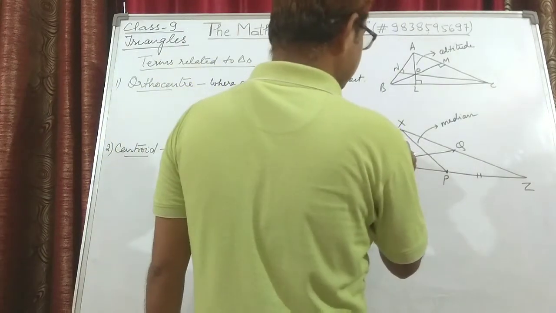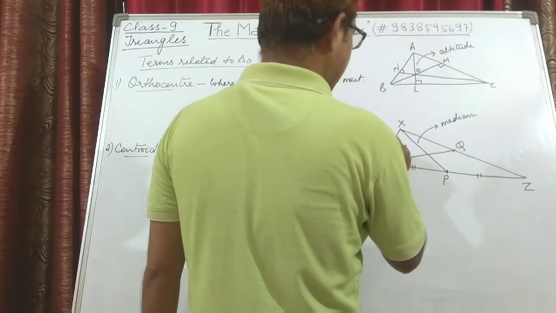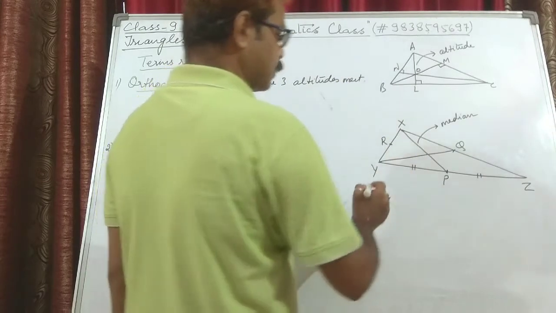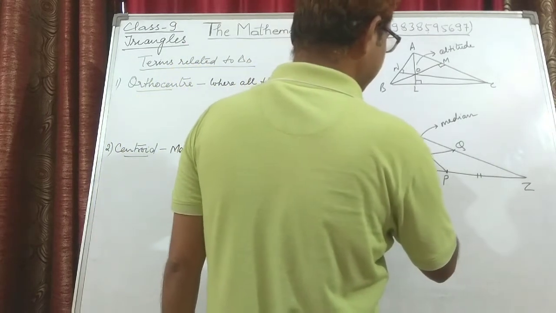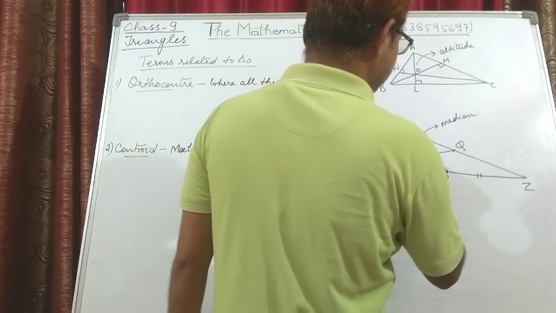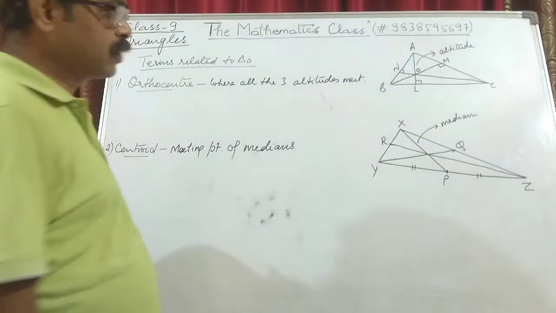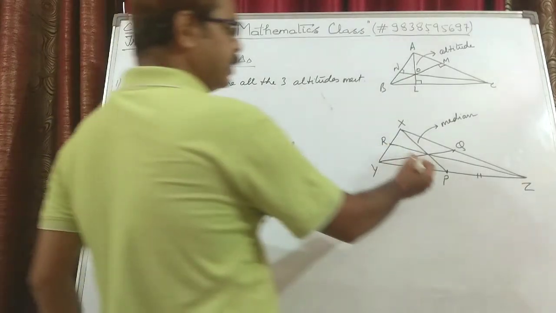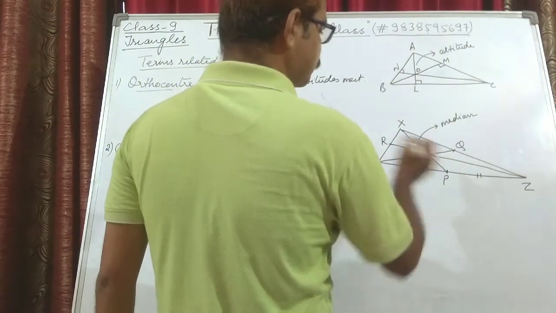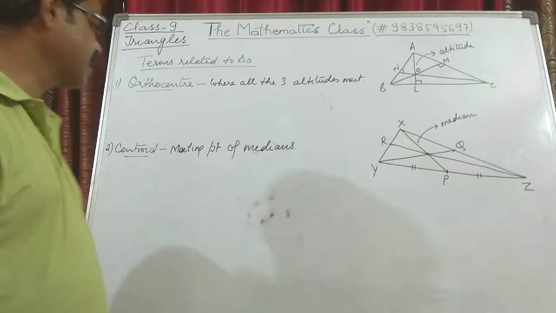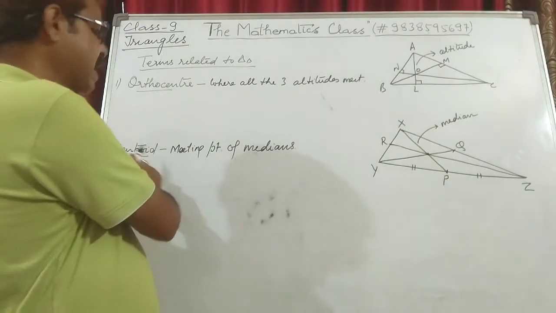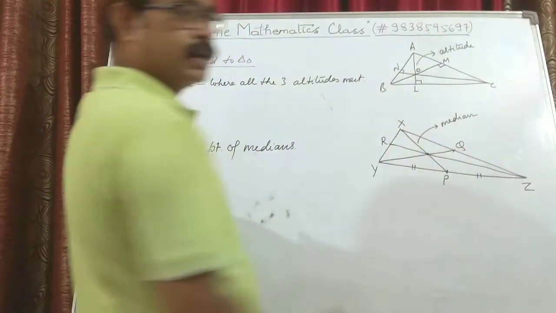Similarly, suppose R is the midpoint of XY, so RZ is the median. You can see all three medians meeting at this point. This is known as the centroid of a triangle.